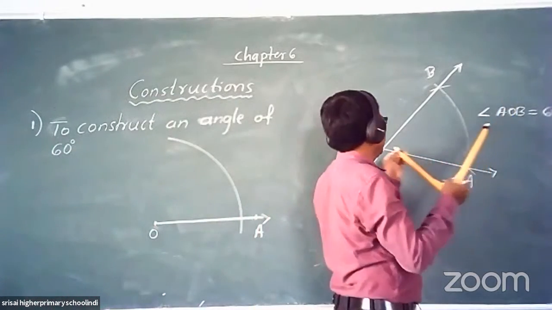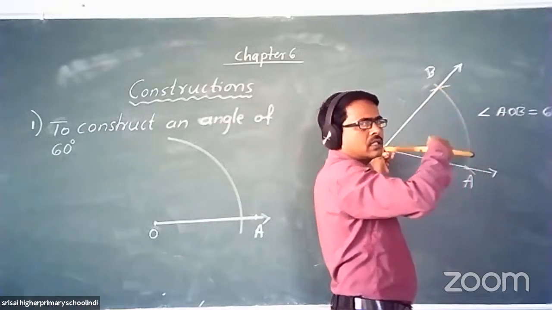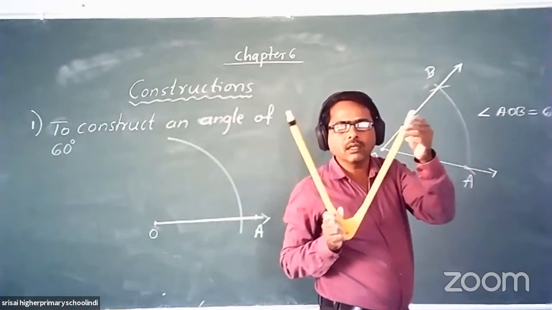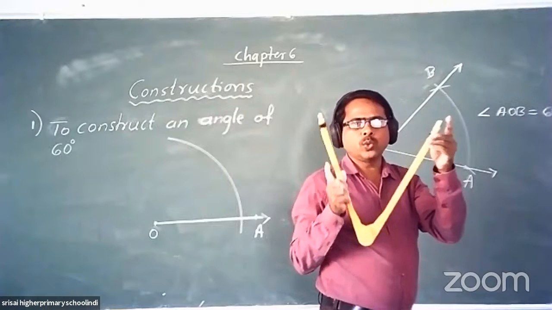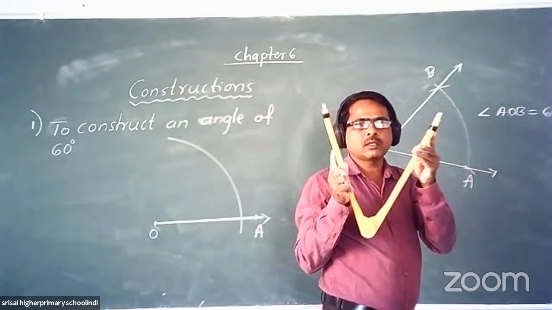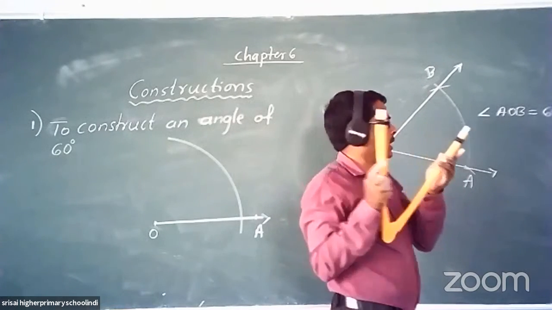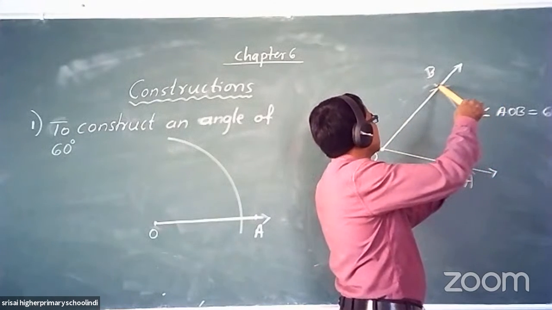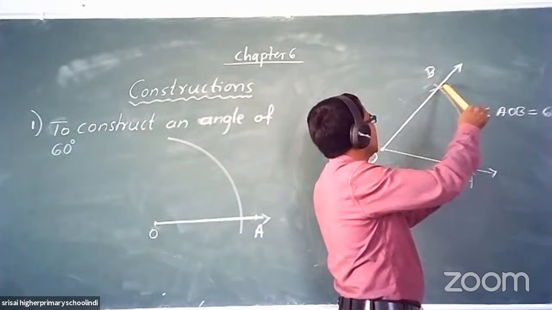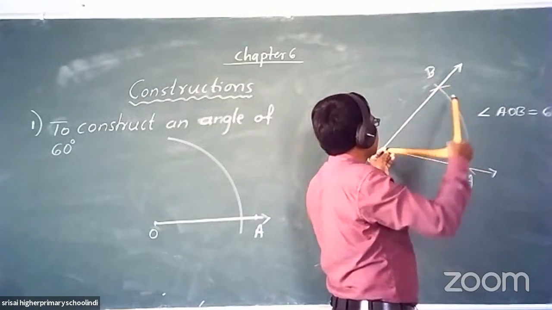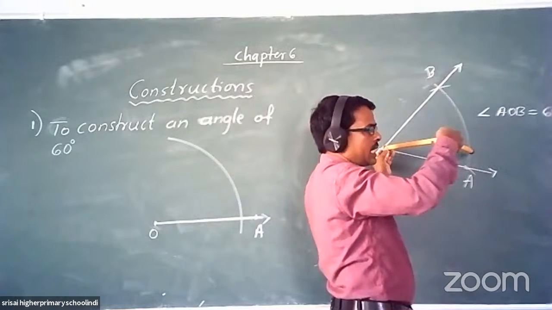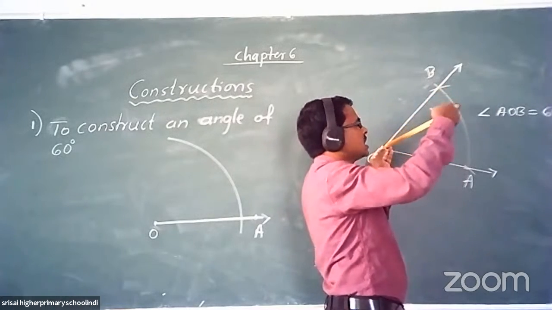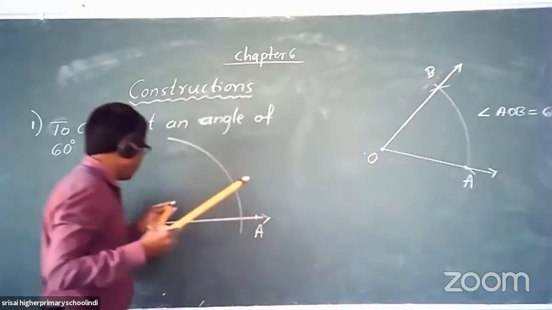The easy step is, don't change its radius, don't change the distance between the two arms of this compass. Do not change the arc length. Do not change its radius.